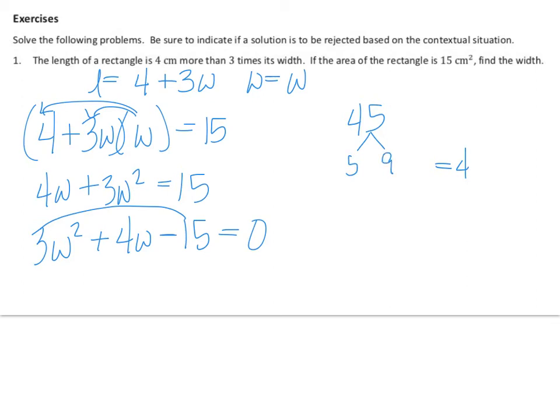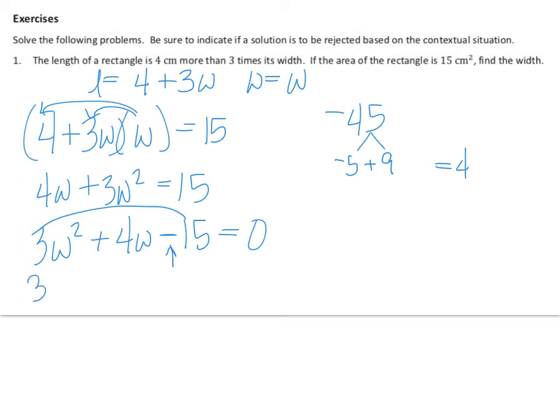Oh, no, that doesn't work. Ooh, I did make a mistake. I caught it though. That's negative. So we're good. Haha, I caught all my mistakes so far.